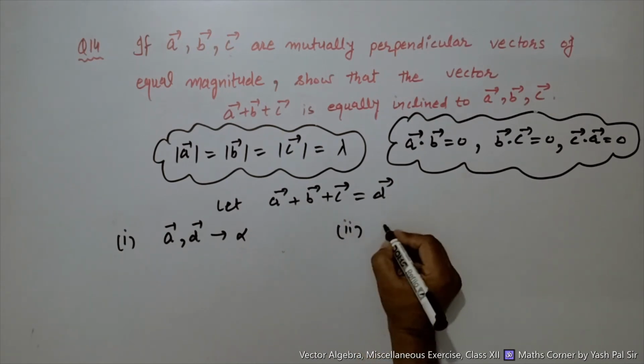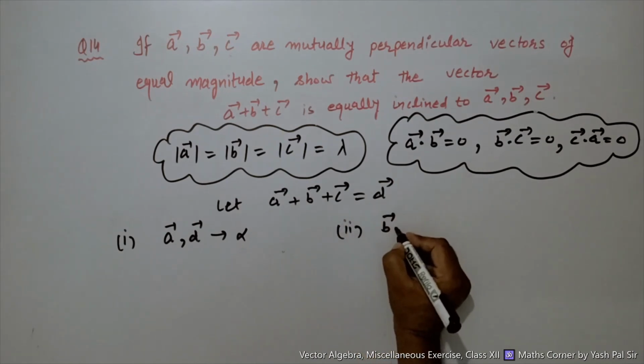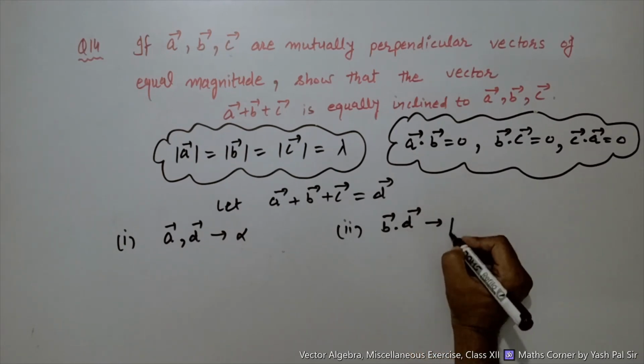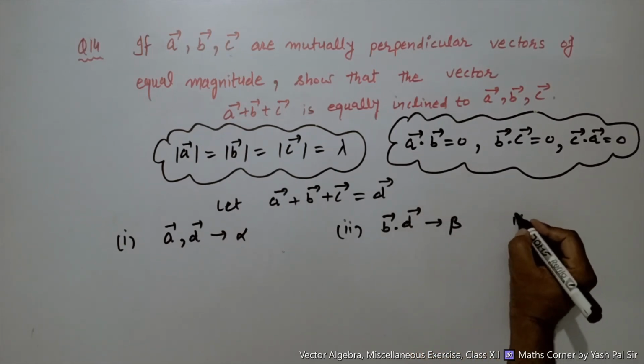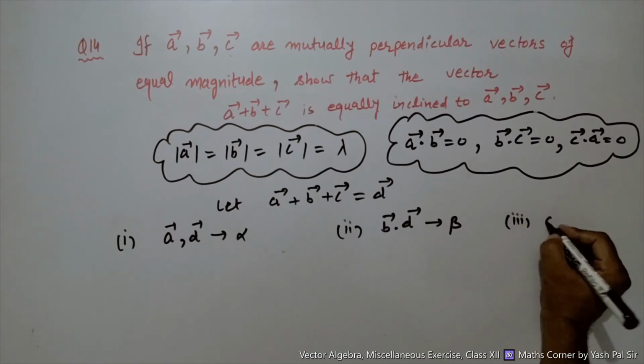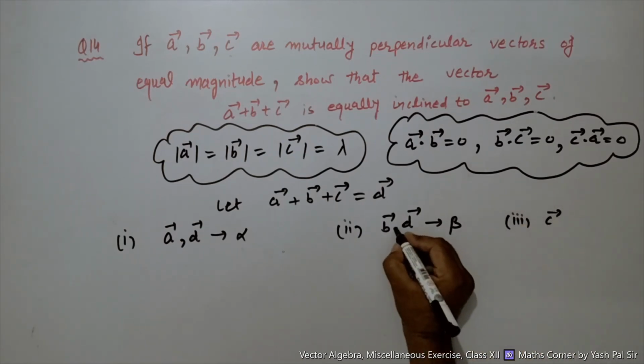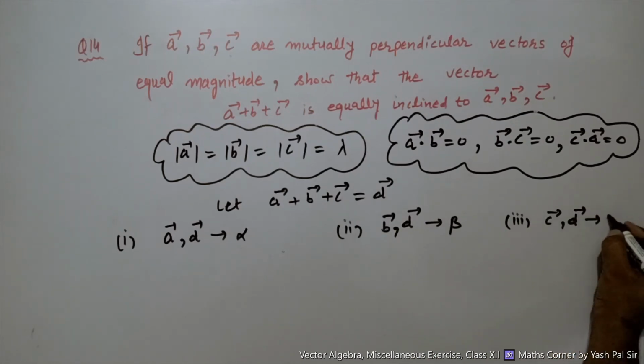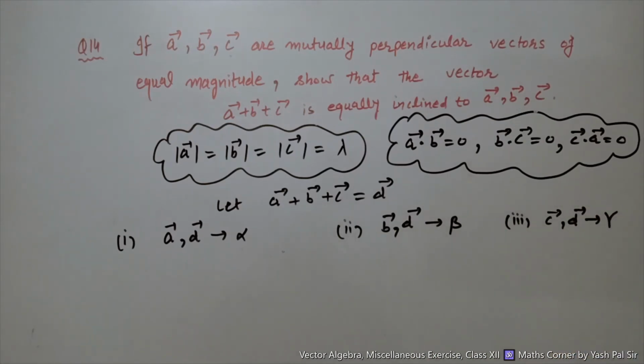Second part, vectors B and D are inclined to each other at an angle beta. And third part, we say vector C and vector D are inclined to each other at an angle lambda.